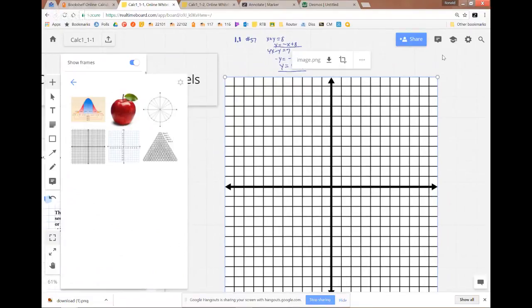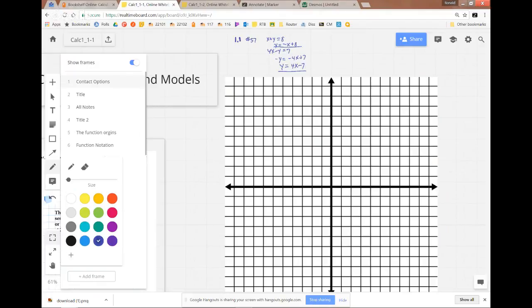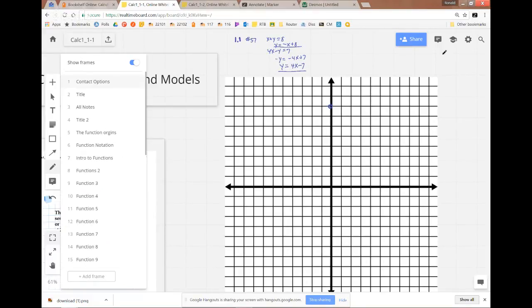So negative x plus 8 has a slope of -1 and a y-intercept of 8. 1, 2, 3, 4, 5, 6, 7, 8. And it's got a slope of -1, so for every 3 down, 3 to the right. So there's the first one. So that looks like that.